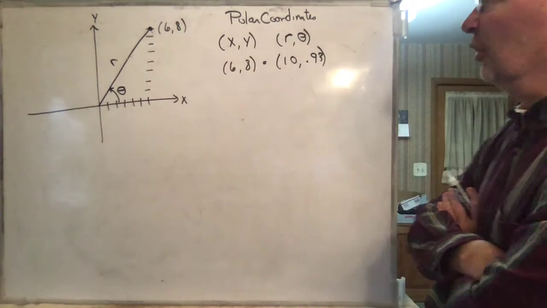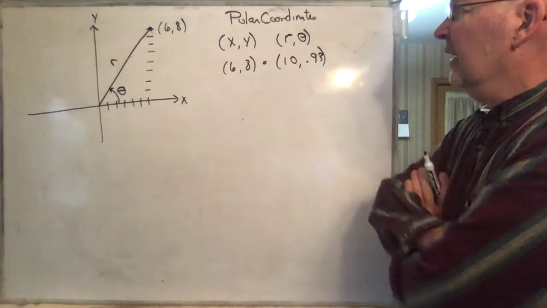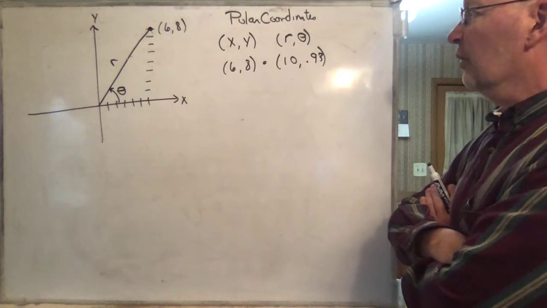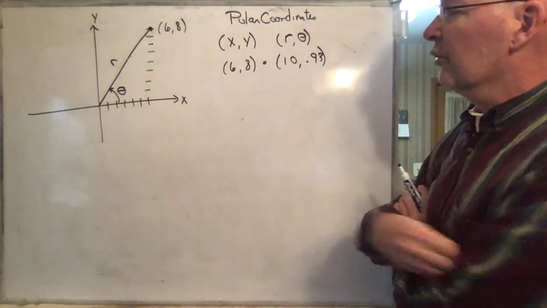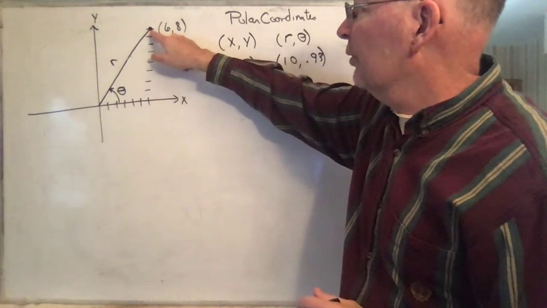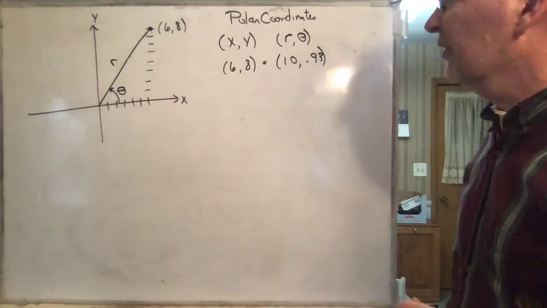Now, first thing you should notice is that polar coordinates is not quite as handy as rectangular coordinates for the following reason. As I say, in rectangular coordinates, there's only one way to express this point right here, and that's the coordinate (6, 8).